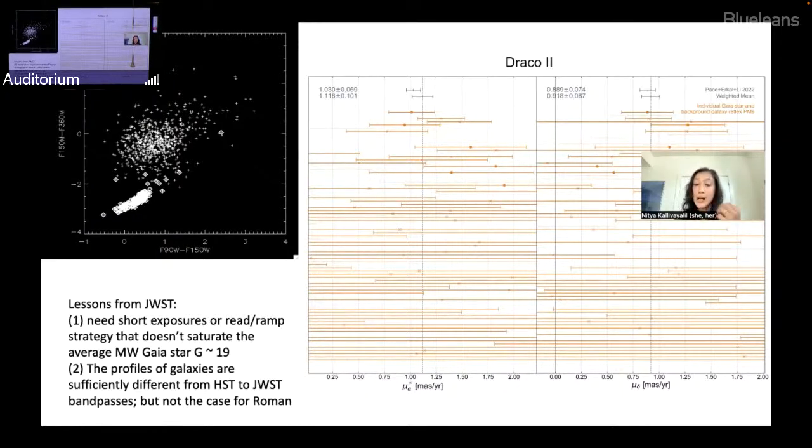We have to think about how we fit their centers, and we have to think about ways to mitigate the fact that these sources intrinsically look different from optical to infrared filters. So when combining an optical and an infrared image with galaxies to make a proper motion measurement, we have to take into account that your inertial reference frame looks different.